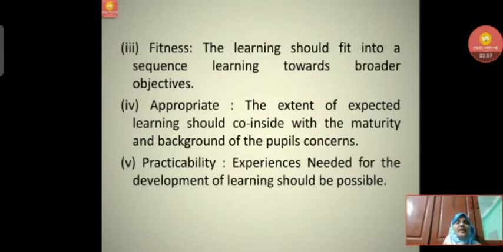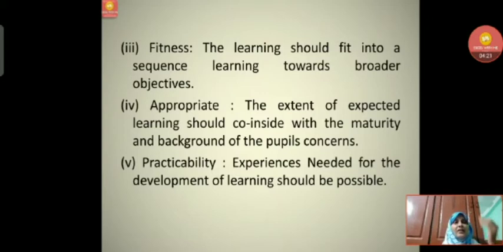Then appropriateness. The extent of expected learning should coincide with the maturity and background of the pupils. That means according to the class level of the students, the learning objective should be written. Then practicability. Experiences needed for the development of learning should be possible.